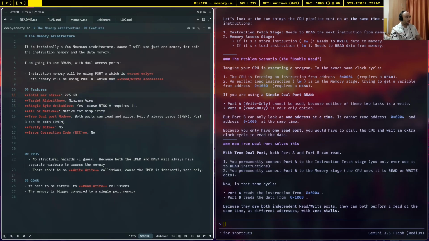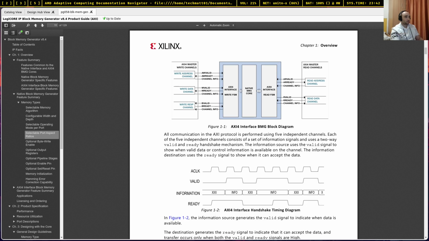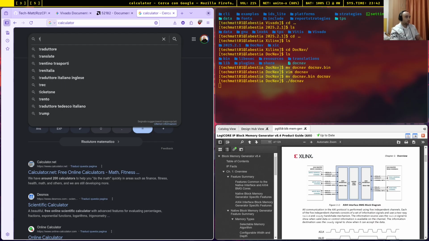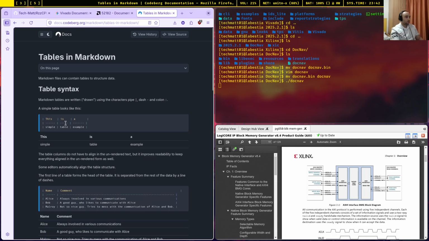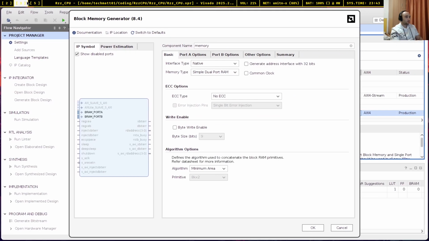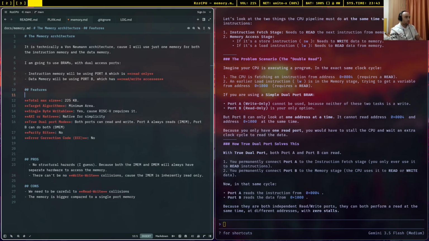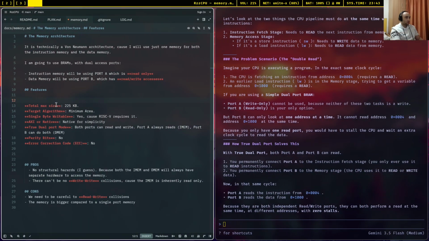I want to put this in a table, but I don't remember how to do tables in Markdown. How do I do it?